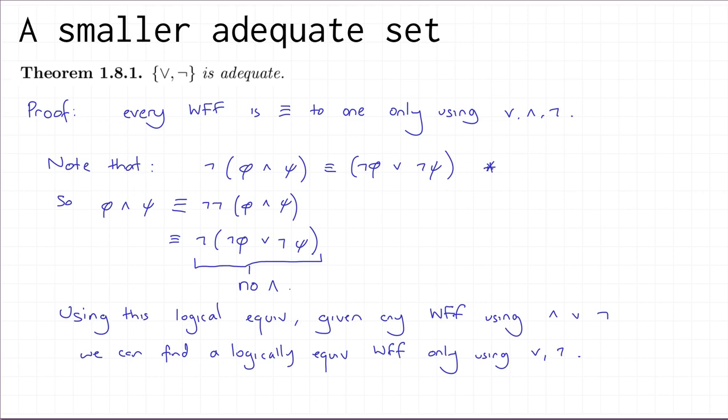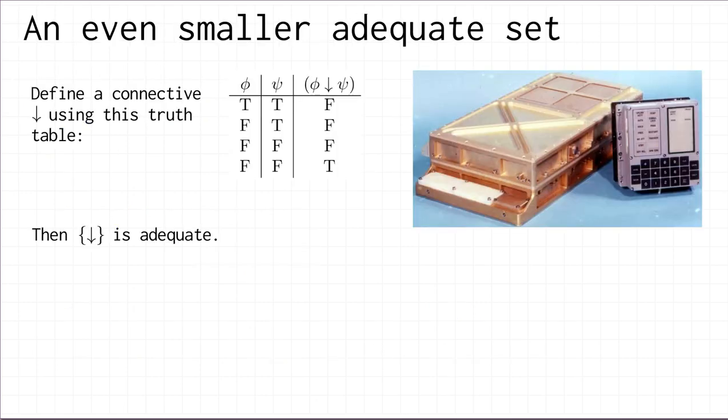But there are single connectives which are adequate. So if we define a connective called down arrow, or sometimes pierce arrow, to have the truth table which I've drawn just here, then this connective on its own is adequate.